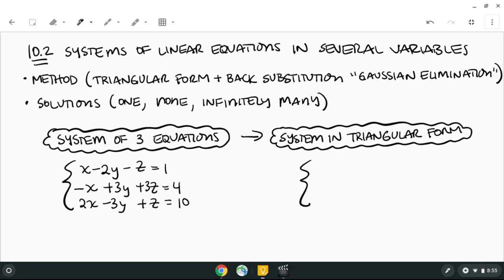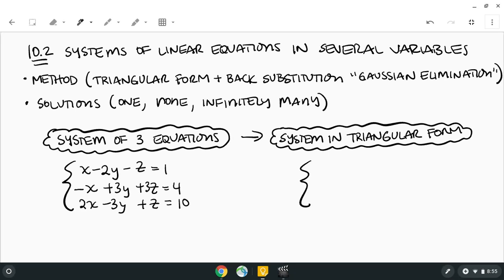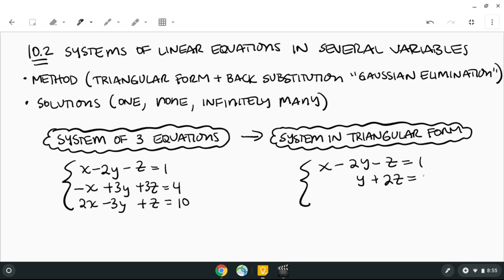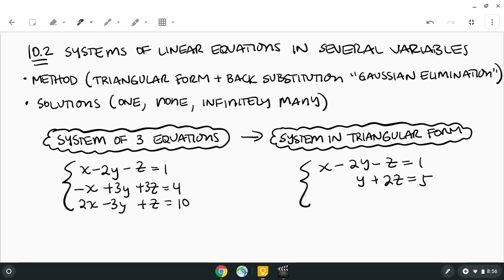You start off with the full system, and then you use the elimination method several times until you get an equation with all 3 variables. Then you have one with just y and z, maybe y plus 2z equals 5. And you have one with just z.